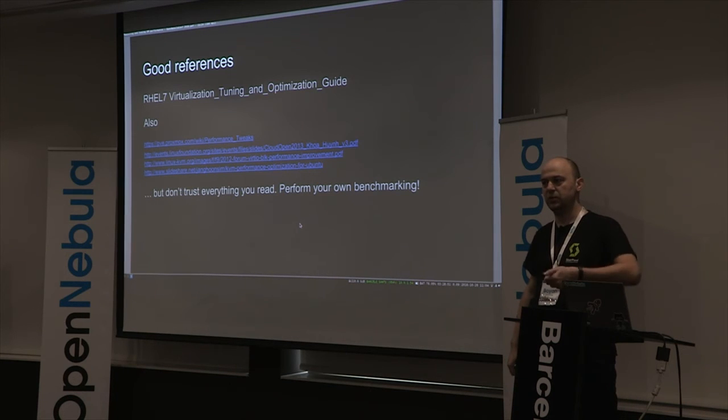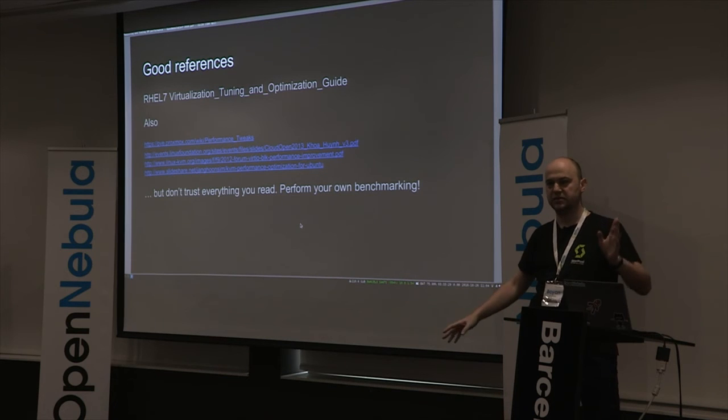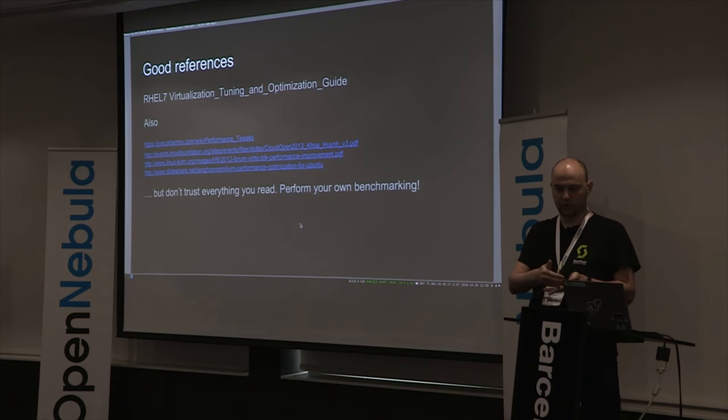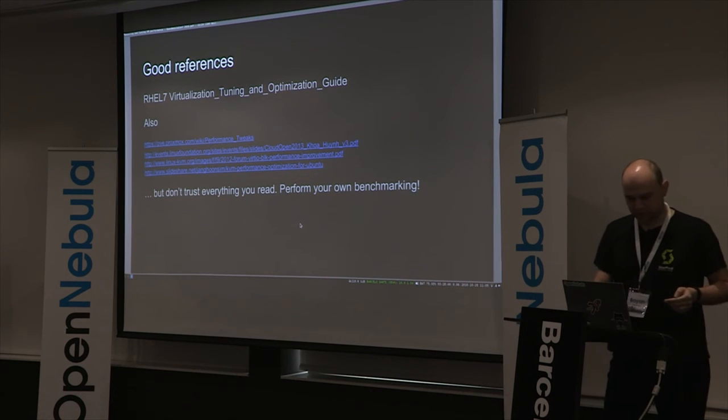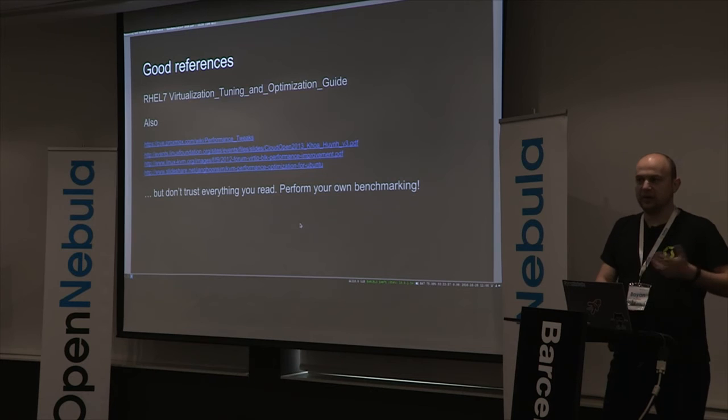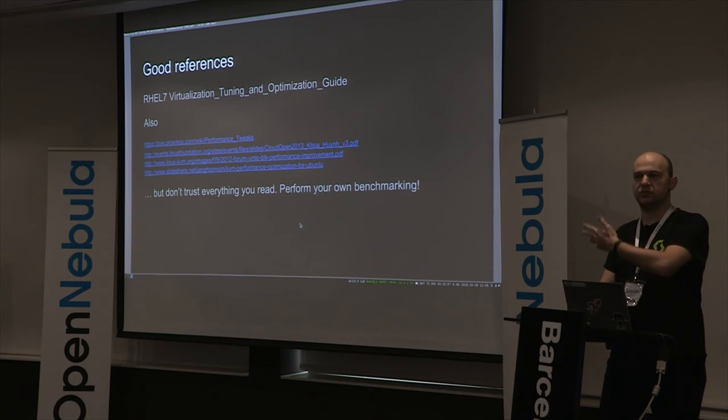I see so many people go on Stack Overflow and find some advice of how to do stuff, and they implement it blindly and think it works, right? You need to perform your own benchmarks on your own system, because there are subtle differences between systems, and it's not so simple. Advice doesn't apply to all systems out there.